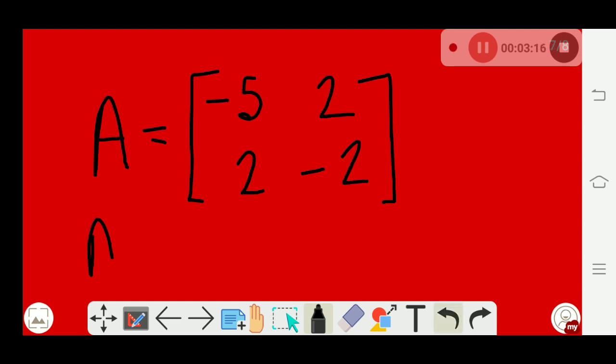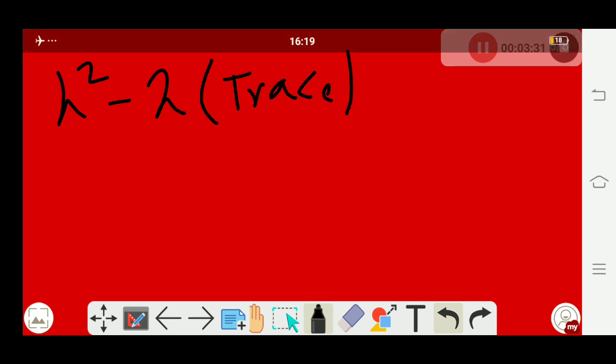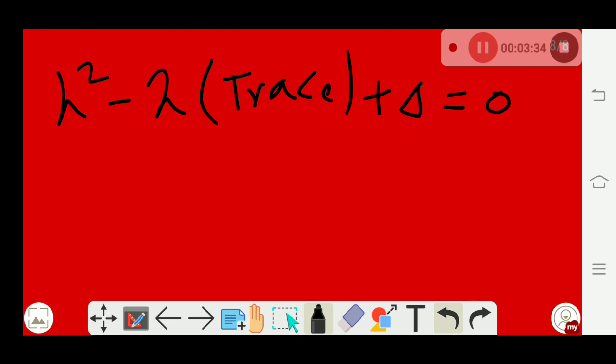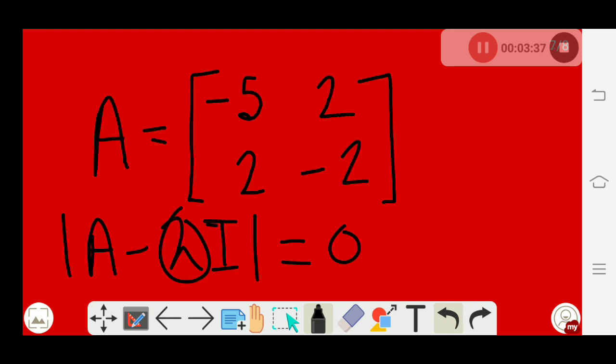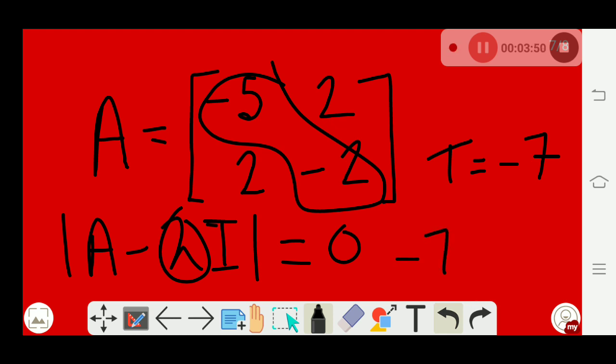The characteristic equation is given by A minus lambda I, but we are going to find the value of lambda by the shortcut method, that is lambda square minus lambda trace plus determinant is equal to 0. Okay, so what is the trace here? Minus 7, right? So trace is equal to minus 7. And what is the determinant?